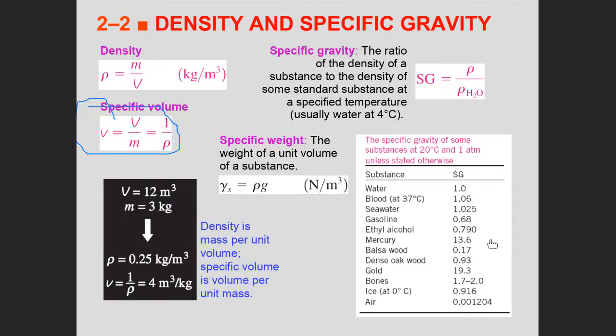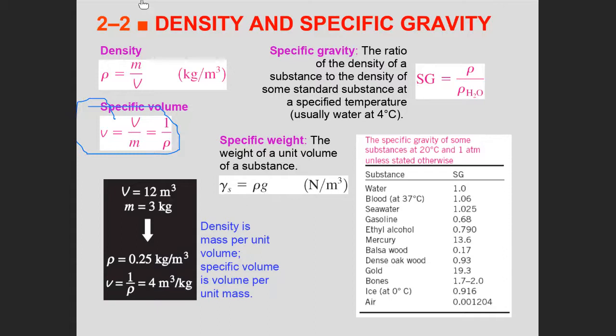Okay? Now, specific weight: if you multiply rho by the gravity, it gives you what, guys? Specific weight. Specific weight equals rho g. Multiply the density by gravity, you get a specific weight.